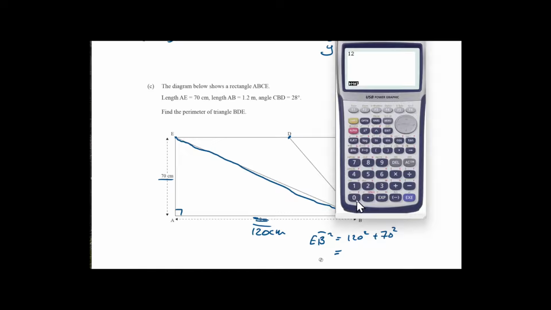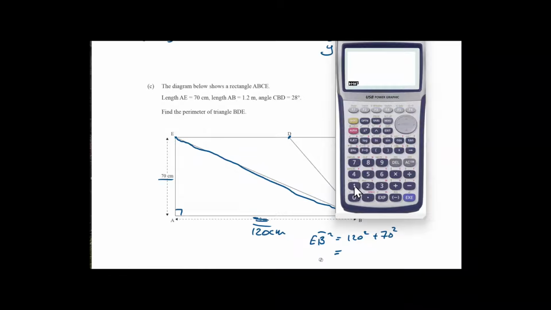So 120 squared plus 70 squared is that huge number there, and then we want to take the square root of that. So I'm going to take the square root.